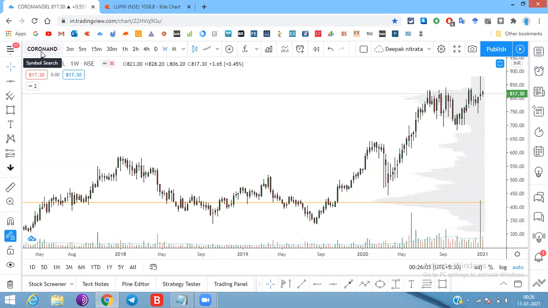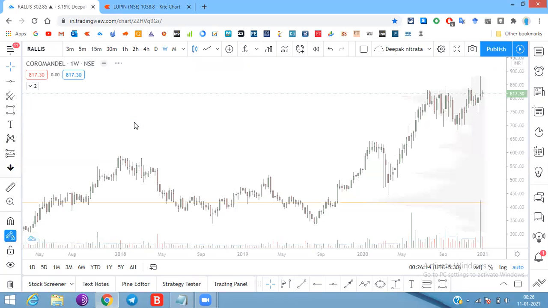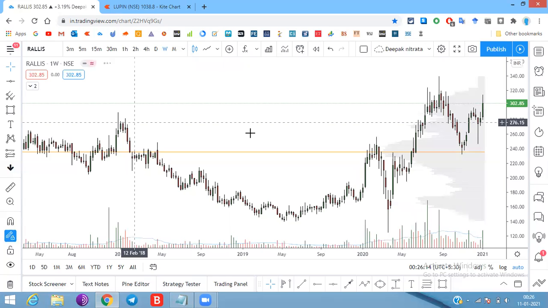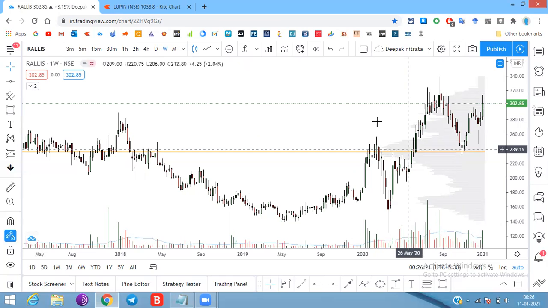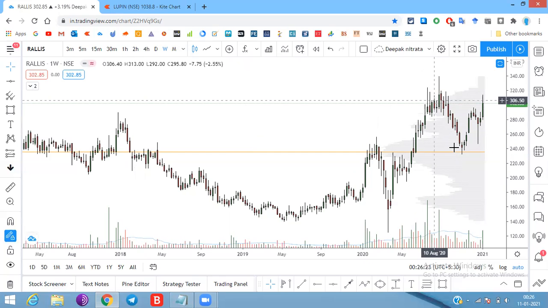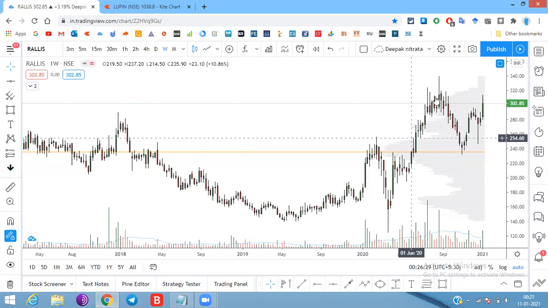And Rallis India again, an agrochemical stock. Wow, in Rallis India, we can see that this point of control has acted as a good support zone. Price was trending in here.